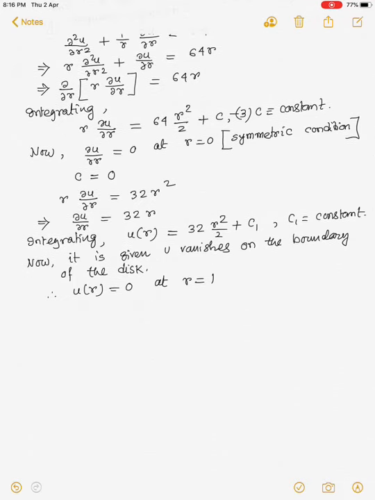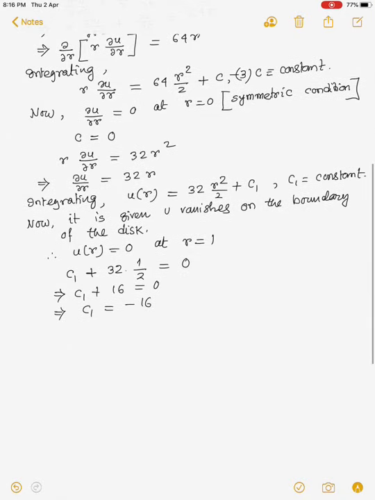Using this condition, we have c1 plus 32 into 1 by 2 is equal to 0. This implies c1 plus 16 is equal to 0, which gives c1 is equal to minus 16.